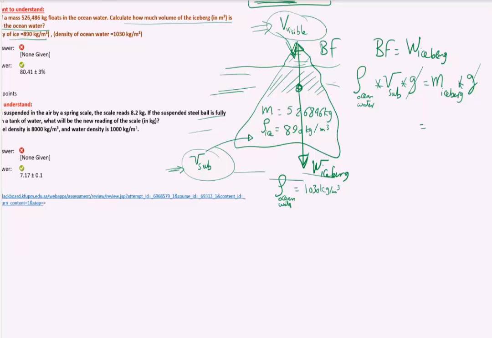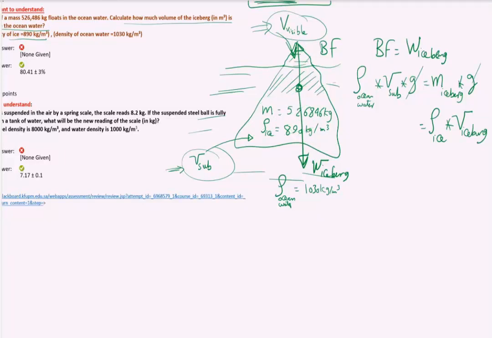It's made of ice. So it's the density of the ice times the total volume of the iceberg. All the volume under and above the water.